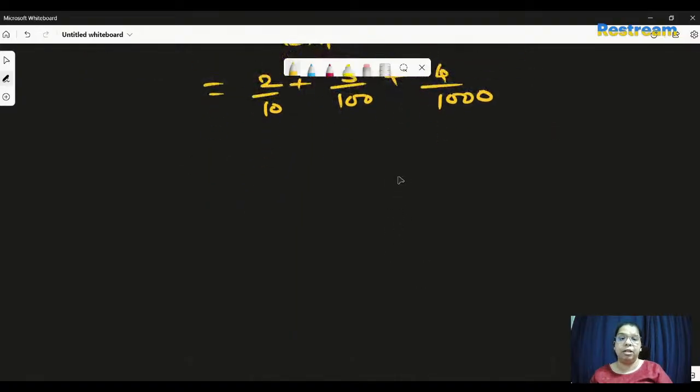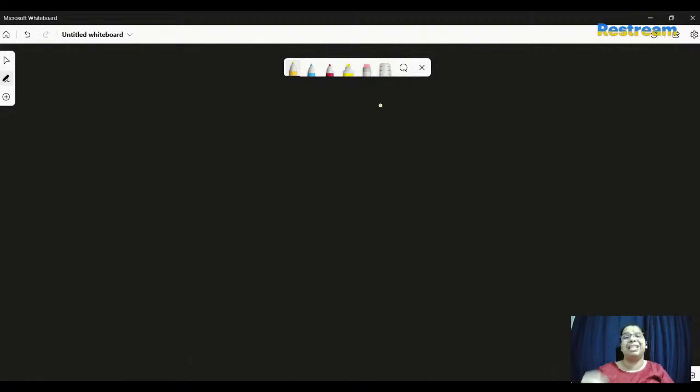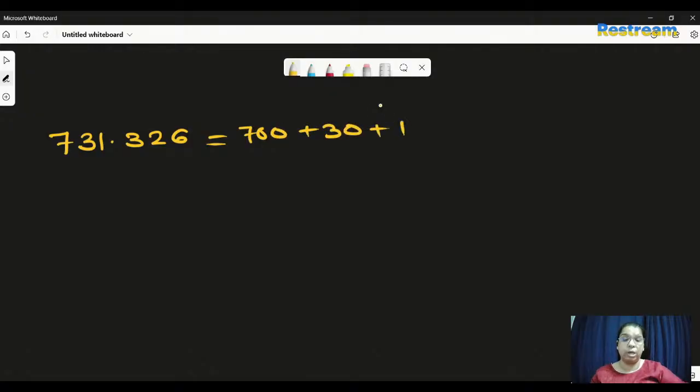Let's take this number and see what the place values are called. Let's say I have 731.326. How will I expand this one? This is 700 plus 30 plus 1 plus 3 over 10 plus 2 over 100 plus 6 over 1000.